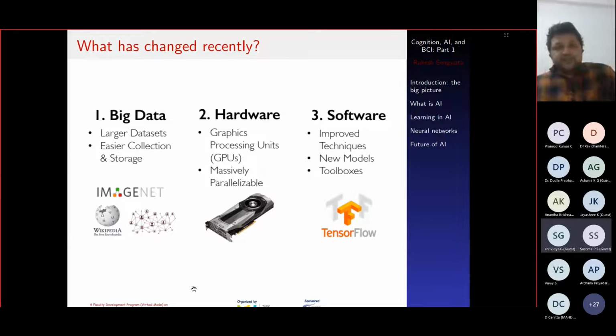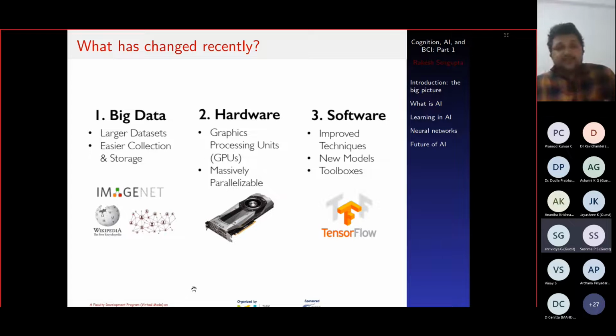One of the most important things that have changed the landscape of both artificial intelligence and technology is big data, because we have humongous amounts of large databases available. We have easier collection and storage, and hardware has improved exponentially.